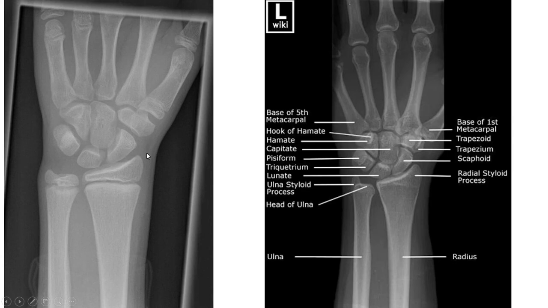If this arch is disrupted, then you think that the carpal bones are not properly placed. Can you ever realize why there are eight bones? If there is only one bone, what will happen? See, the hand is a very usable thing in human beings, and when pressure comes through the hand, if the pressure is transferred through all these small bones, the pressure will disperse easily over multiple fragments.